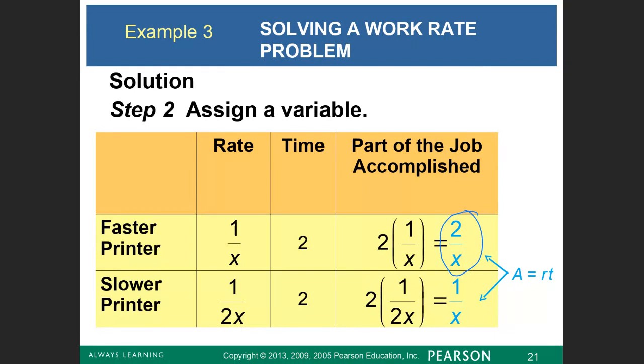So that is equal to the amount of the job you're doing. So that's your A. So again, A is equal to R times T. So multiplying that, it gives you 2 over x is equal to 1 over x. And here's our equation.